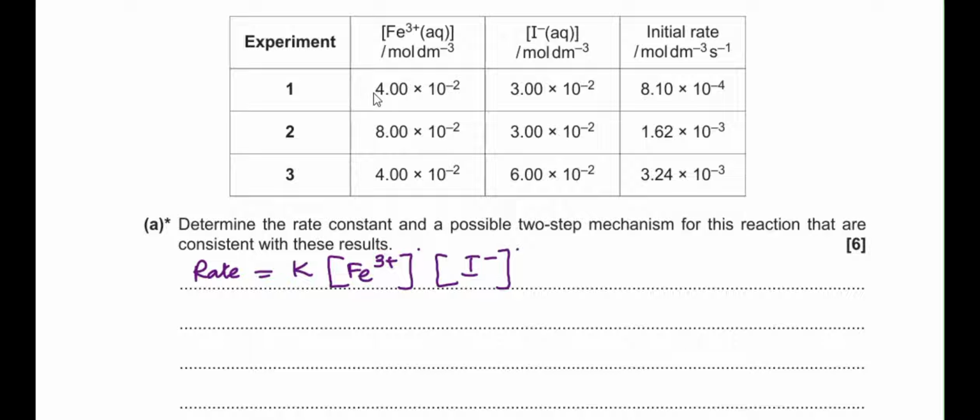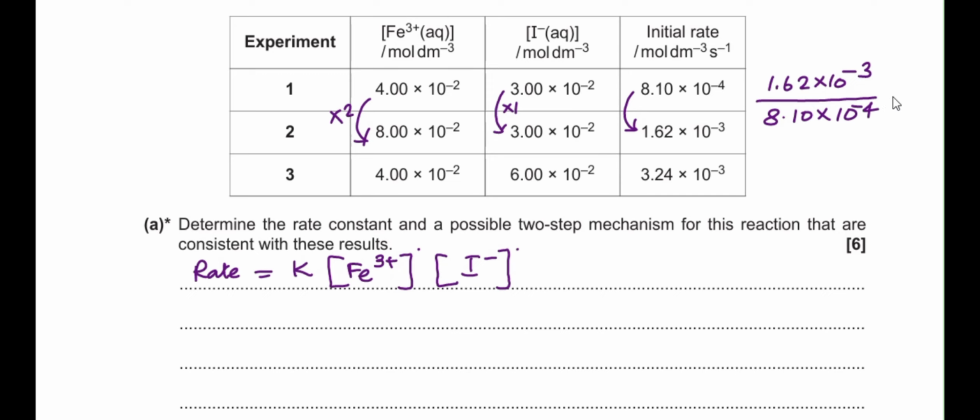Looking into the first and second experiment, we can see that the concentration of Fe3+ is doubled, whereas the concentration of iodide ions has been kept the same. Let's say times 1. And then let's look at what happens to the initial rate here. So in order to exactly find out how many times the initial rate has changed, it's better to divide 1.62 times 10 to the power of minus 3 by 8.10 times 10 to the power of minus 4.